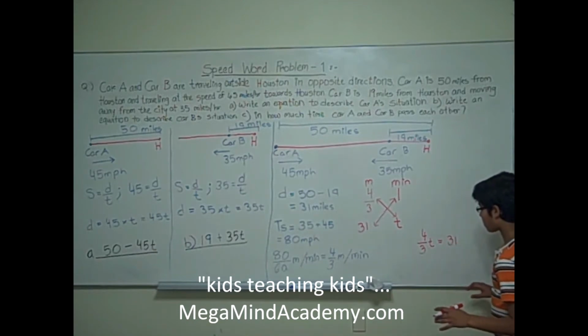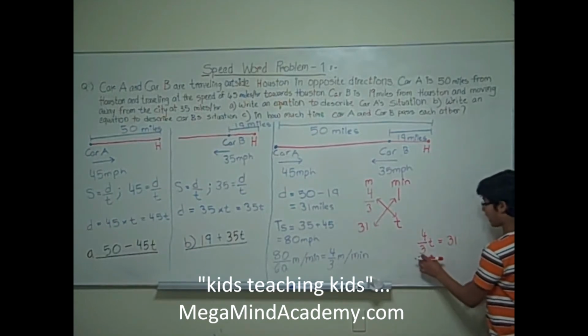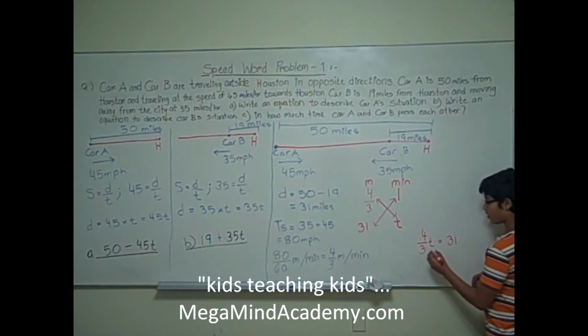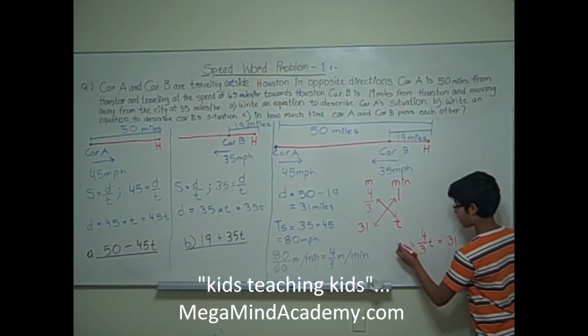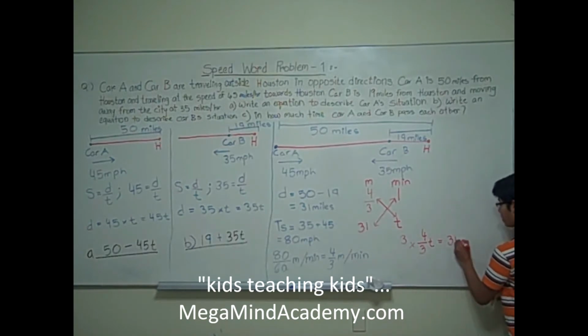So, we need to get T on one side of this equation. So, let's first get rid of the 3 on this side by multiplying both sides by 3.